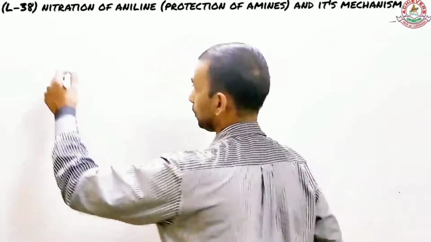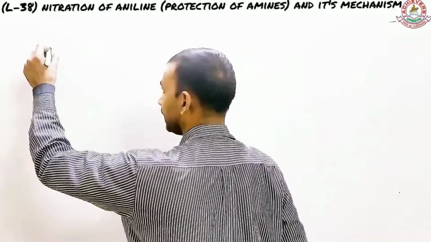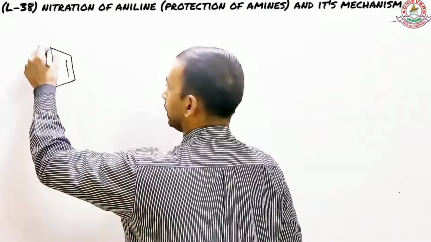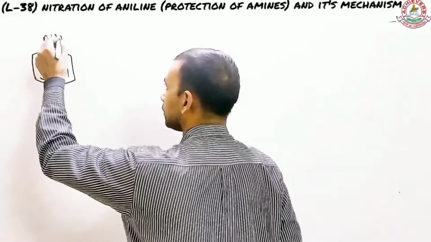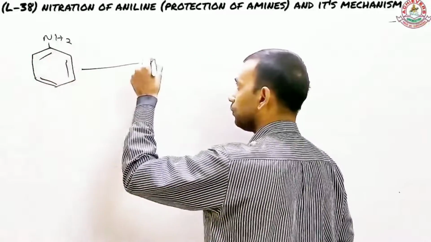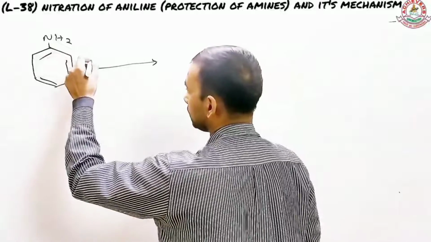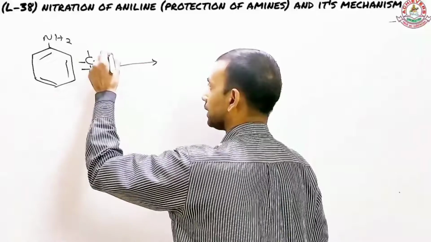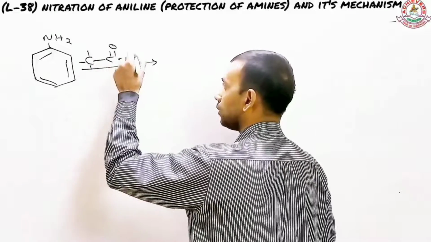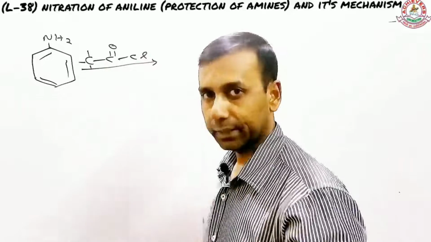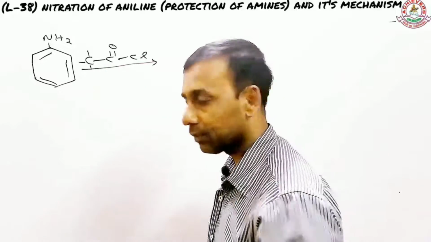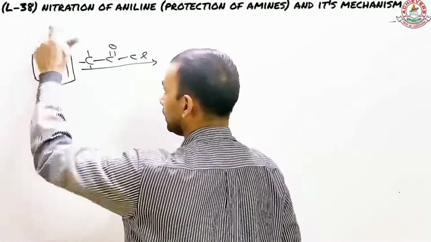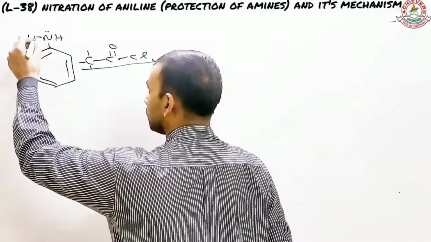In order to do so, we have to start our reaction with aniline, and this aniline will be first treated with acetyl chloride. You can also take anhydride, but right now I am taking acetyl chloride. So what happened, you probably remember what happened here.